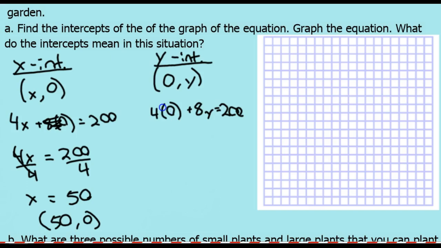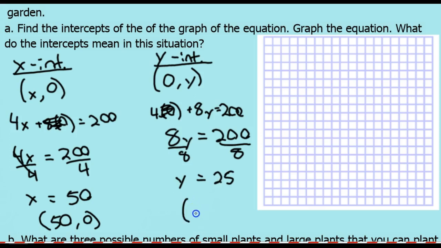Now 4 times 0 is 0, so we don't need that anymore. We get 8y equals 200. Divide by 8. Y equals 25. So our y-intercept is at 0, 25.